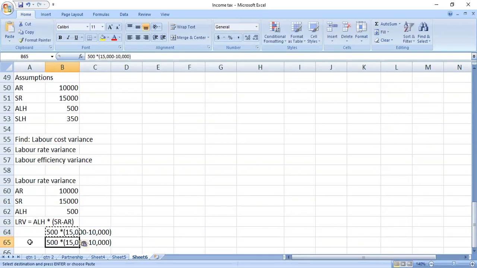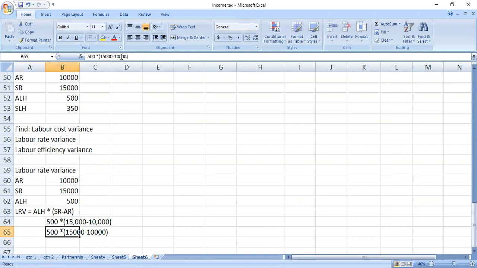Okay, you can comment in the chat. Is this favorable or unfavorable? Someone is saying favorable. Why would she say favorable? Because the actual labor rate is lower than the standard rate, it's favorable.